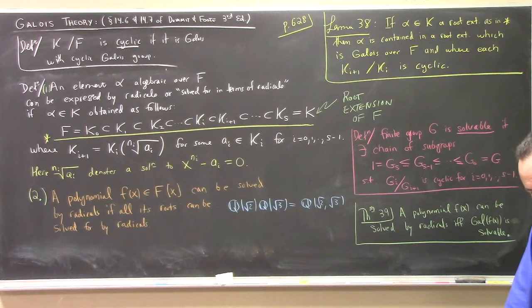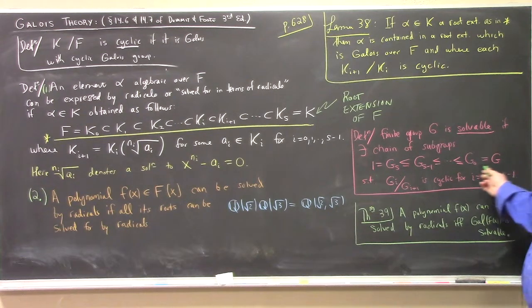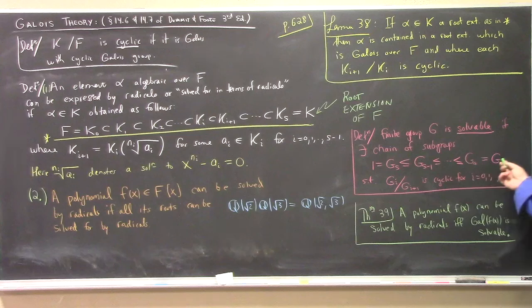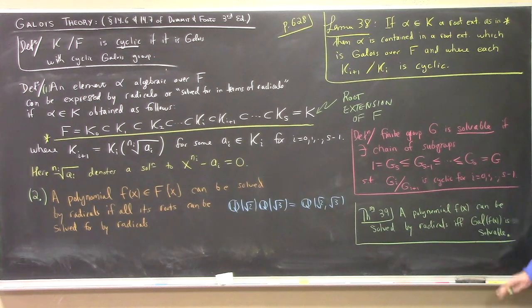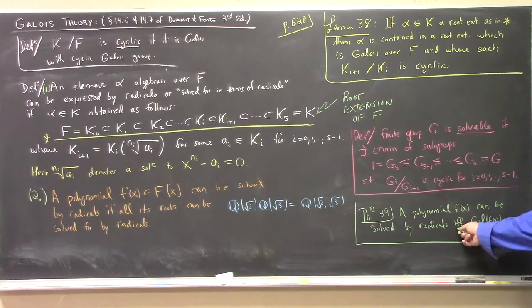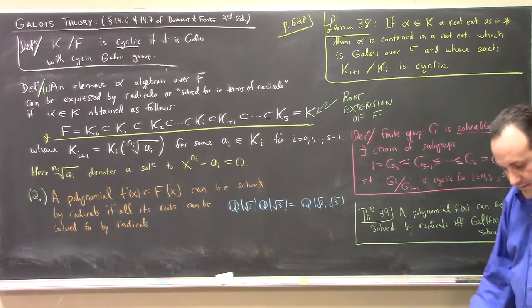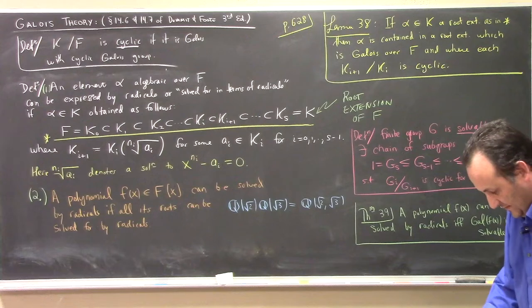Roots of roots of roots of roots. On the flip side, the Galois group being solvable is talking about a chain of subgroups. So that's a statement in some sense about field theory, and that's a statement in some sense about group theory. And this is saying that they're interlinked. And the proof, of course, is on pages 628 to 629.